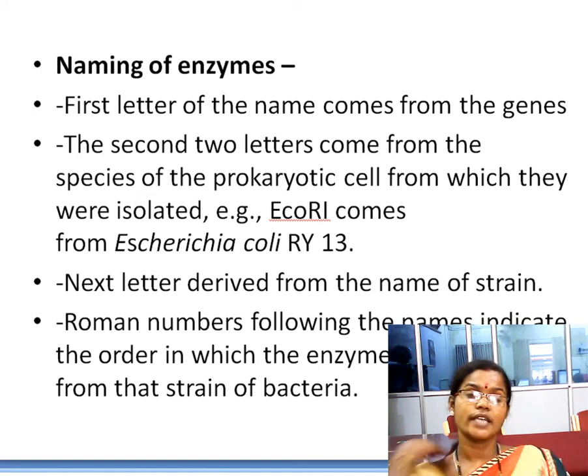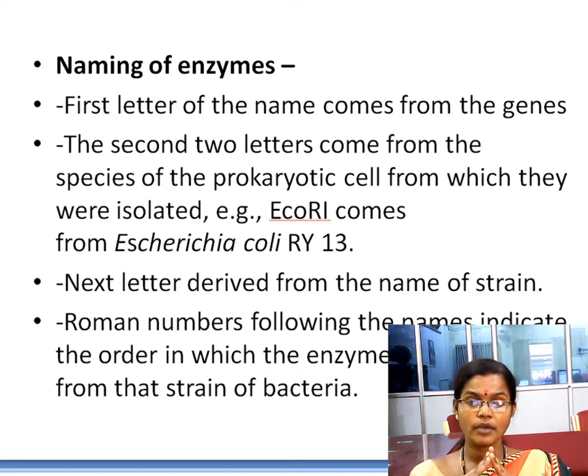Once again I'll repeat. The first rule of naming biotechnological restriction endonuclease enzymes is that the first letter should always be in capital letters. The second point says it is generic, and the second two letters of the species indicate the specific.